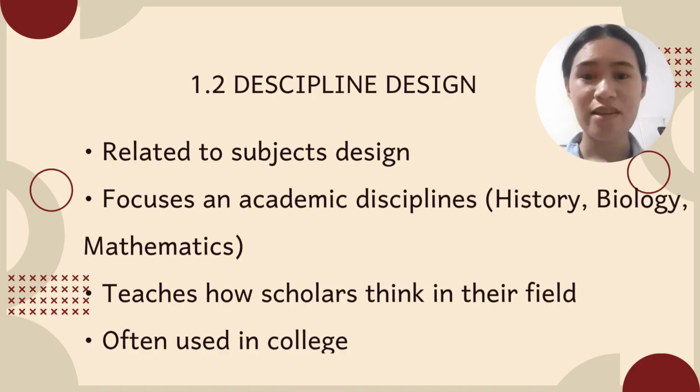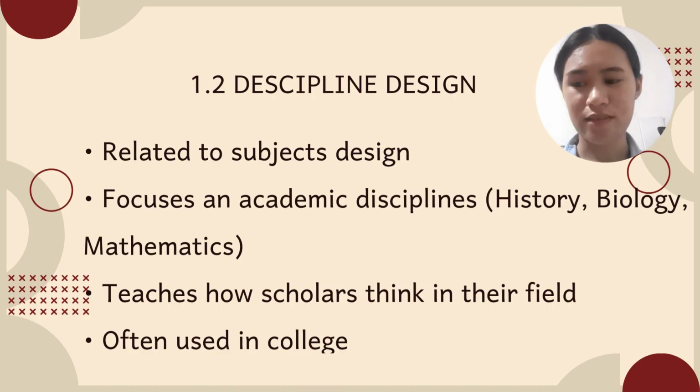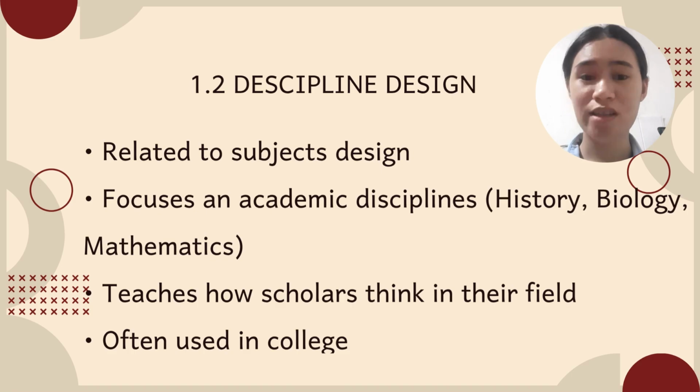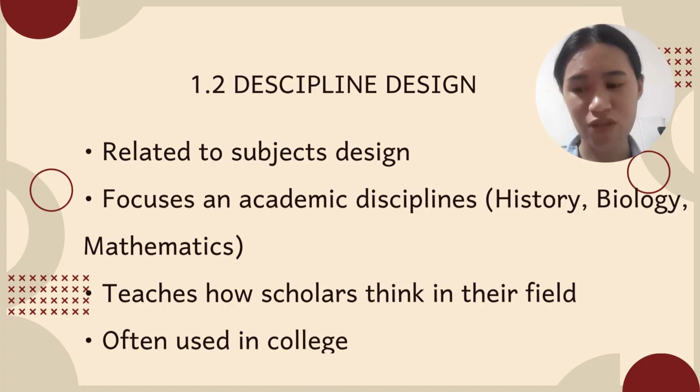Next is the discipline design. The discipline design is similar to subject design, but instead of just content, it focuses on academic disciplines. For example, history students study like historians, and biology students learn like biologists.